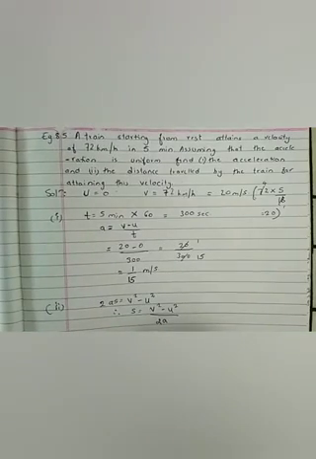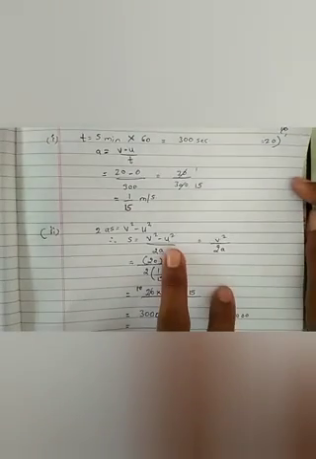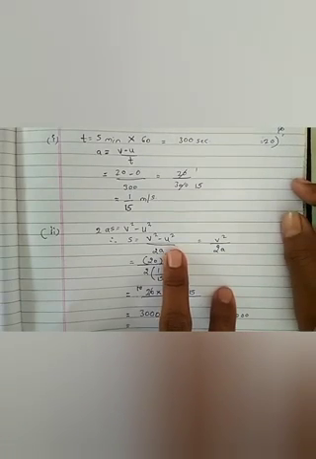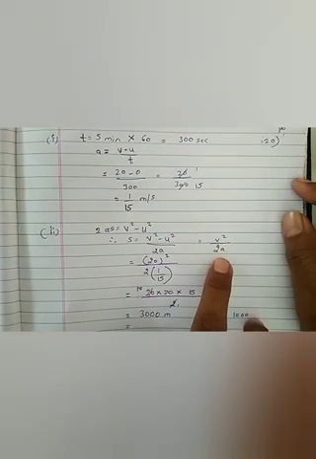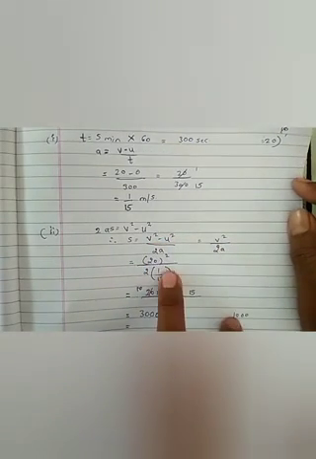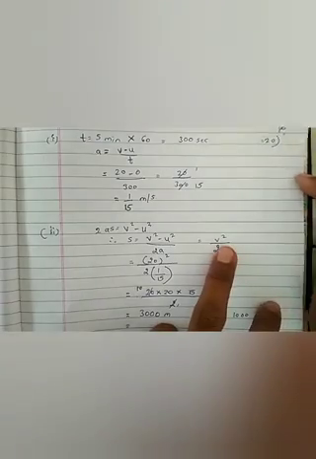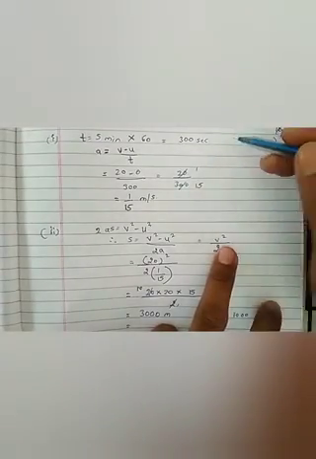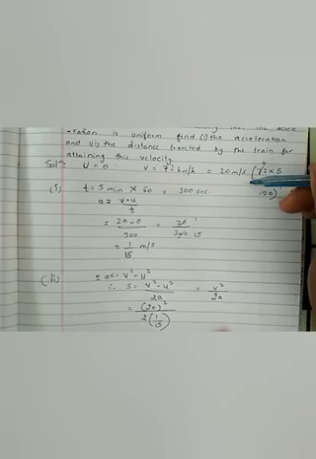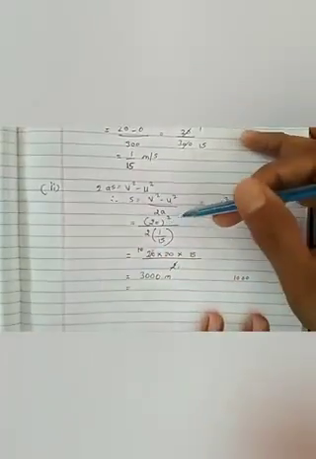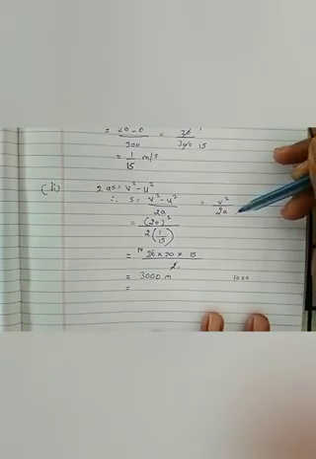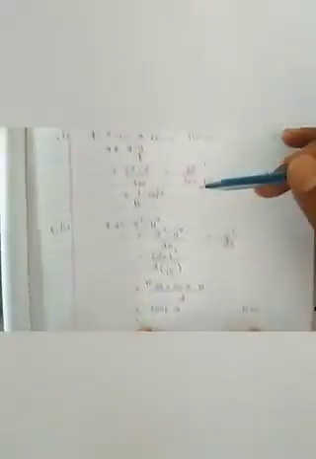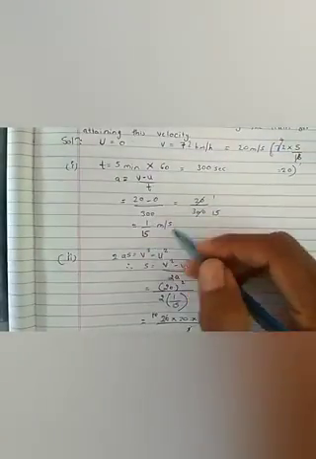This is the formula. Here u is 0, initially 0, so you will modify the formula as v square divided by 2a. Now we will put the values of v. The final velocity we calculated it as 20 meters per second. So 20 whole square divided by 2 into acceleration. Acceleration we got as 1 by 15, right?